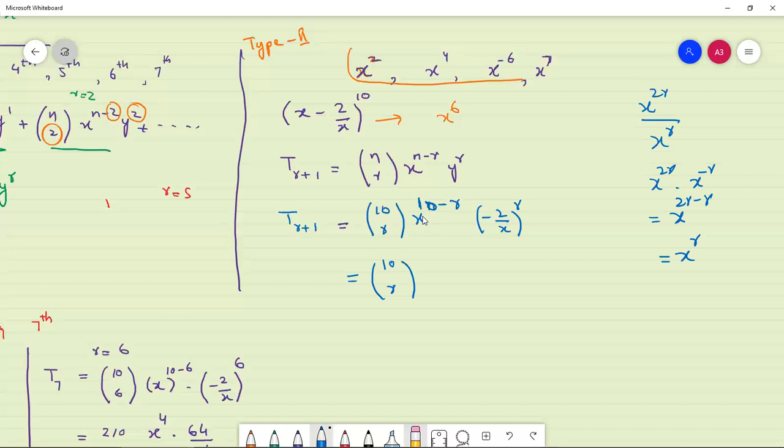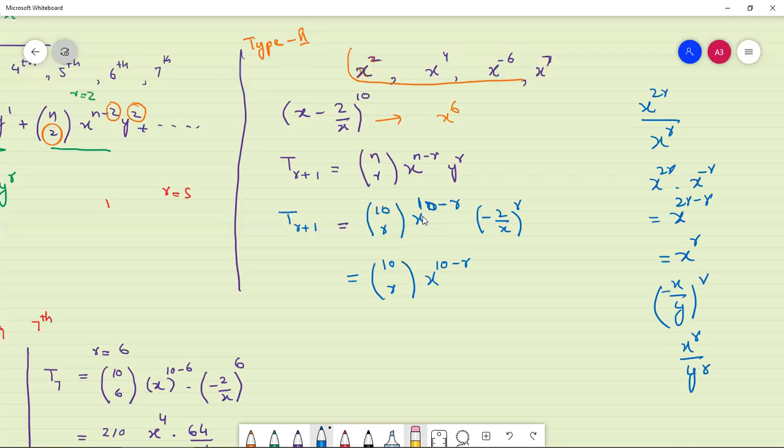I am going to simplify this expression further, collecting just x. Here we have x power 10 minus r, and this is negative 2 power r. You can separate it: for example, if we have x over y, power r, how can I separate it? x power r and y power r.